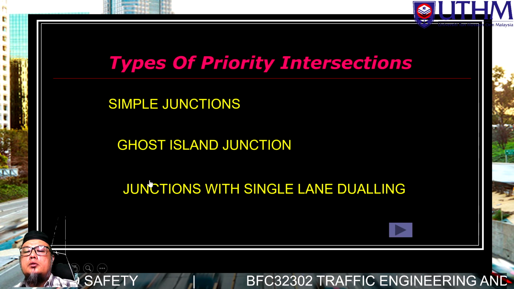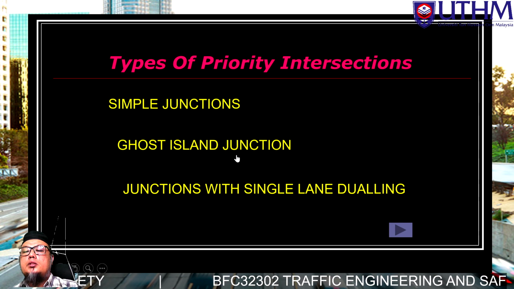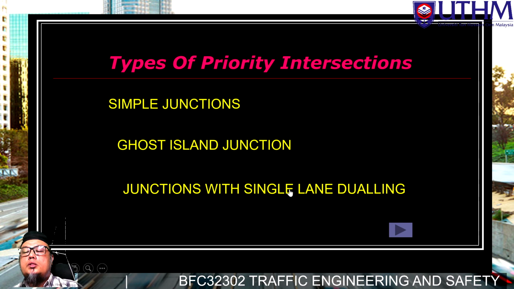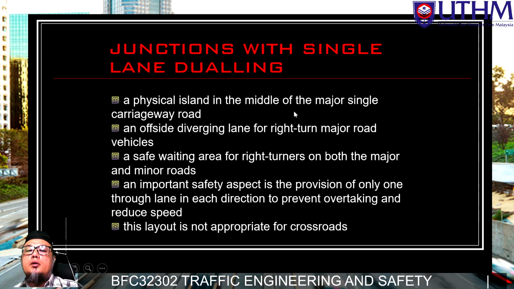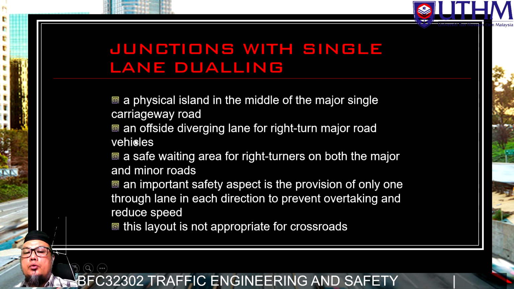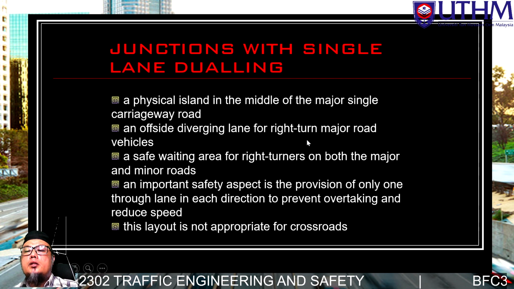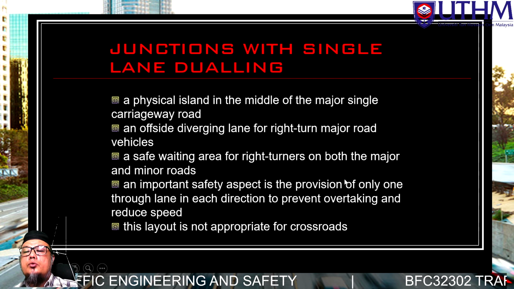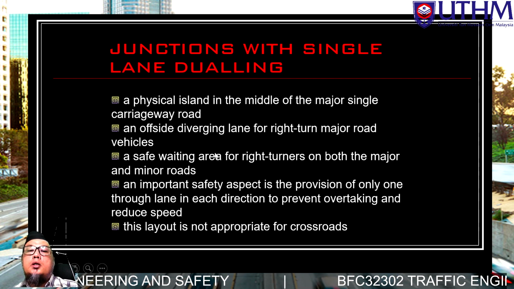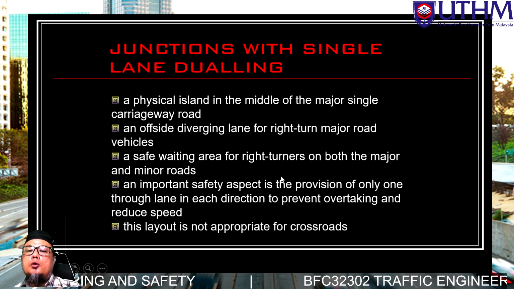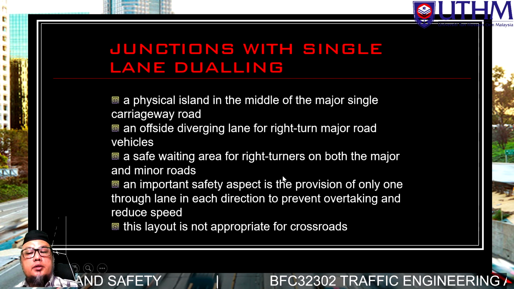Okay, next. Junction with single lane dwelling. A physical island in the middle of the single carriageway road, offside divergent, right turn major, with safe waiting for the right turner, both minor and major. So they enhance from the Ghost Island into the physical or real traffic island.